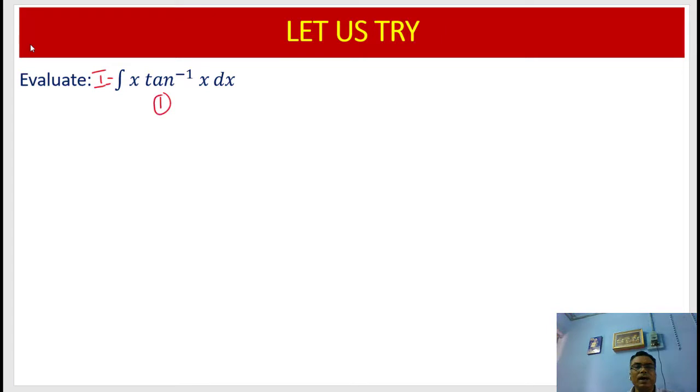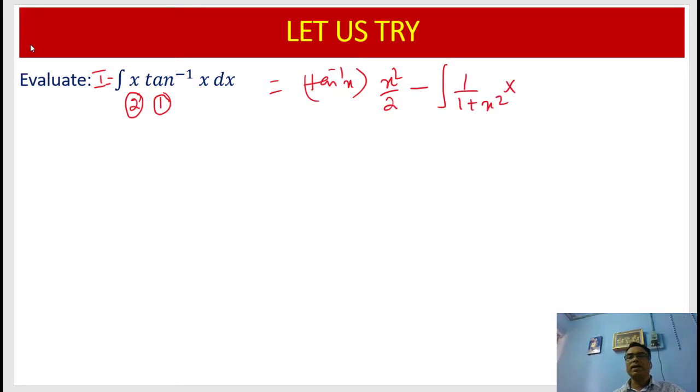This one is first and x is second. So I will apply integration by parts. It is first, tan inverse x, into integration of second: integration of x is x square by 2, minus whole integration of derivative of first, derivative of tan inverse x, 1 by 1 plus x square, into integration of second, x square by 2, dx.